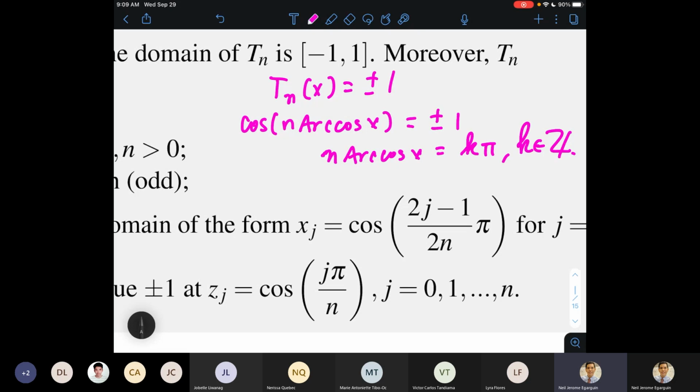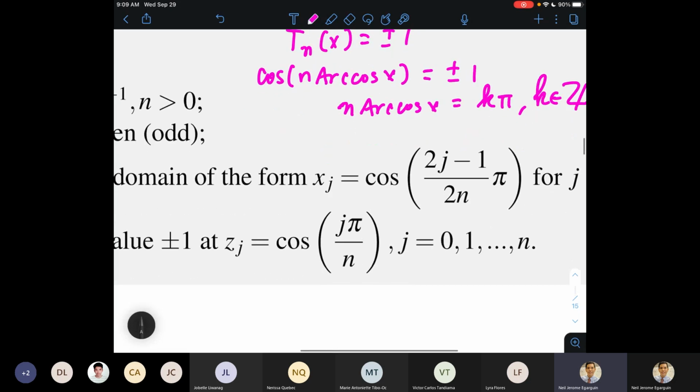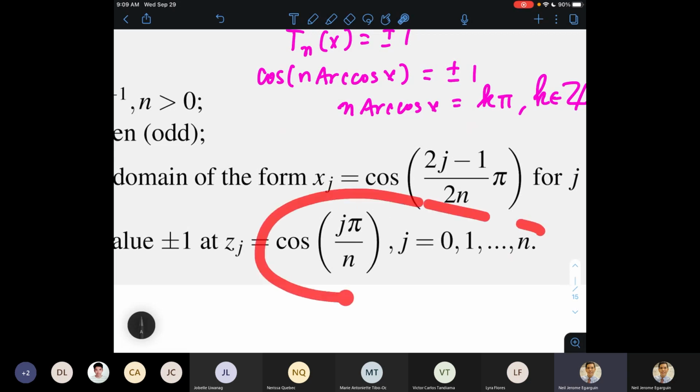And then you do the same simplification and you will see that the maximum is attained at numbers of the form cosine of j pi over n, j going from 0 until n. Okay. And then this tells us there are n plus 1 points wherein we get the extreme values of positive 1 and negative 1.